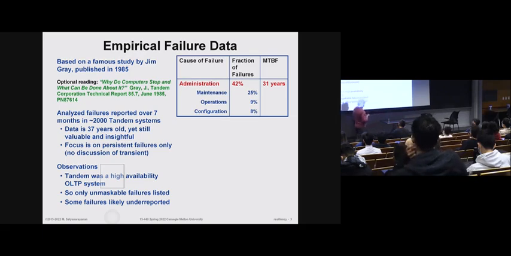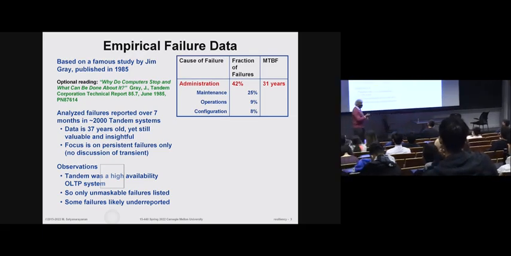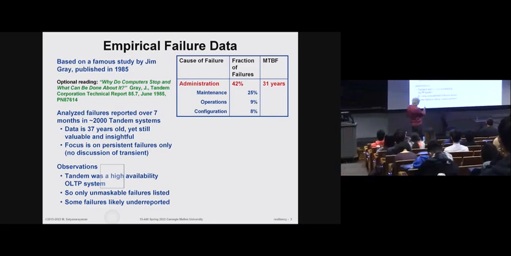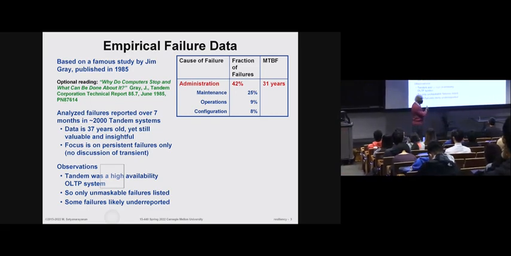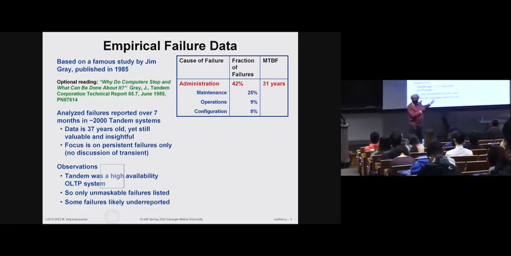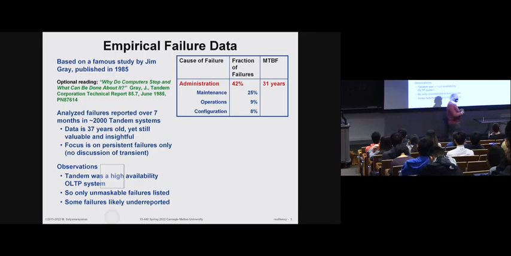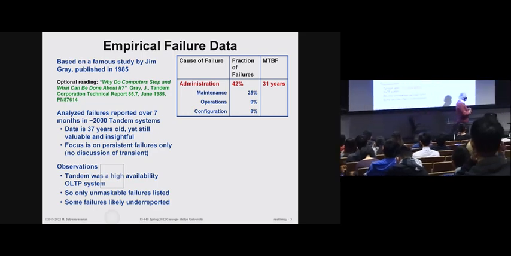So they observed over 7 months in 2,000 customer sites. That's how many were deployed. So this is data over that period of time, over that many systems. This is a non-trivial empirical source of data. Close to half, 42% of the failures were caused by human error.